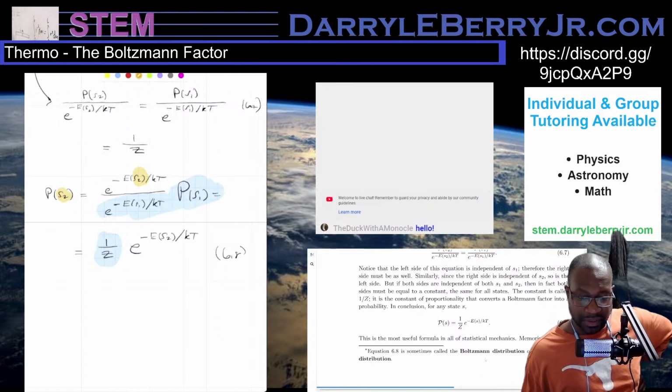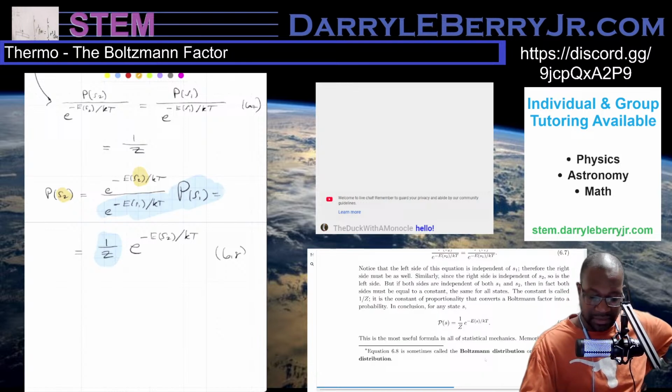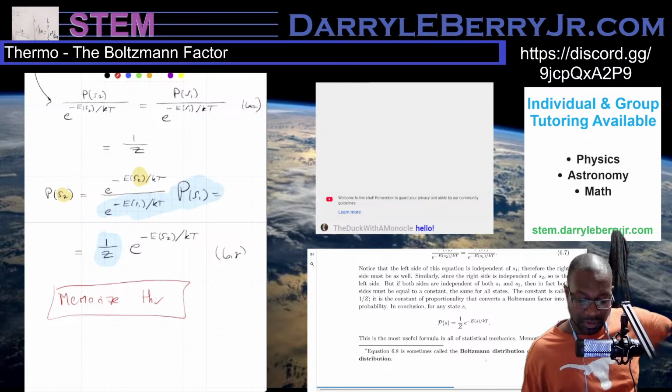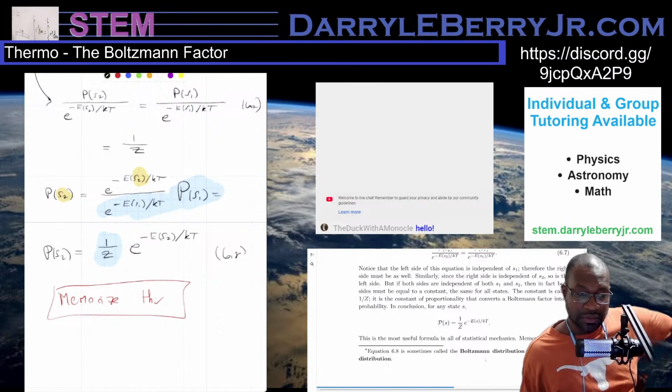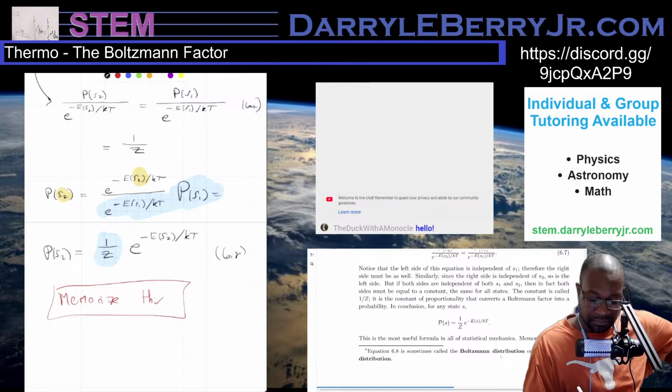This is the most useful formula in all of statistical mechanics. Memorize it. Equation 6.8 is sometimes called the Boltzmann distribution or the canonical distribution.